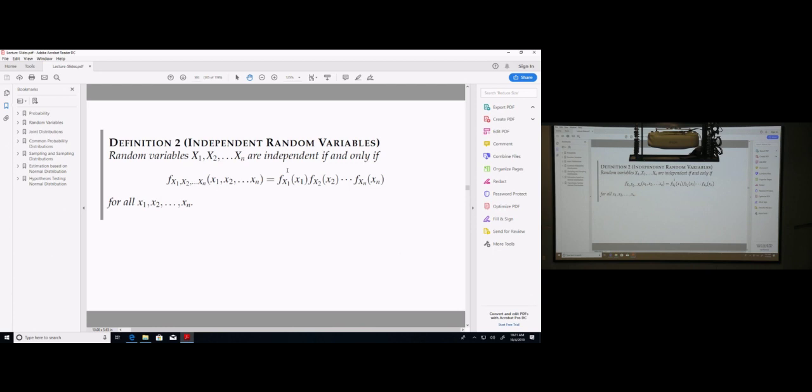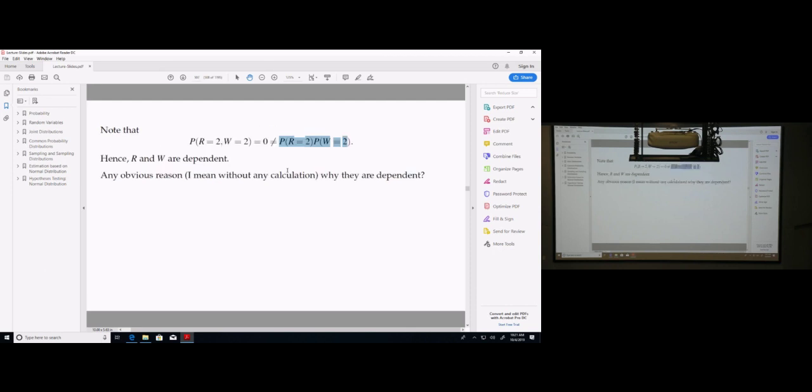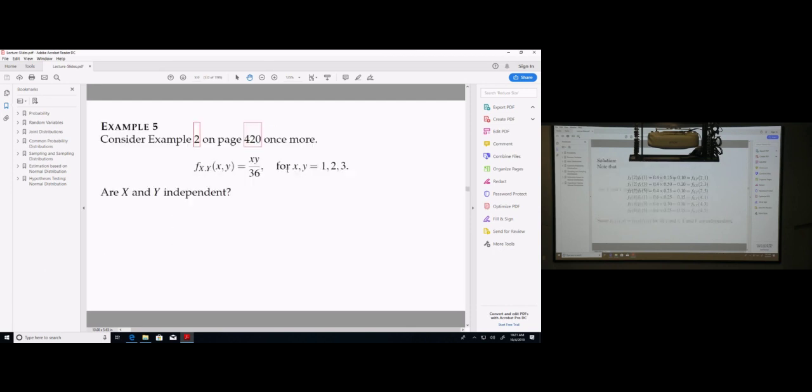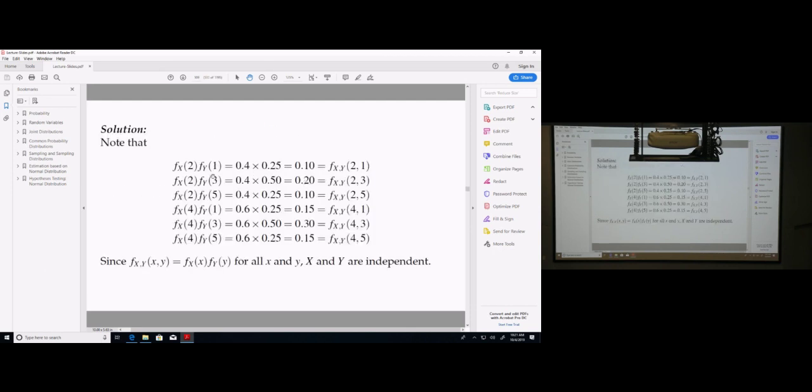You have only 2 categories: either they are independent or they are not independent. In fact, I think this way of checking, you have to write many lines, but if you go back to the table, I think this is quite easy to do.